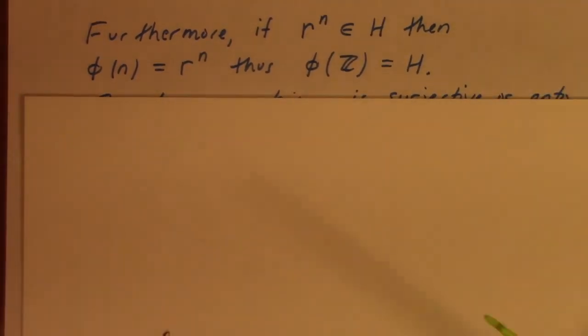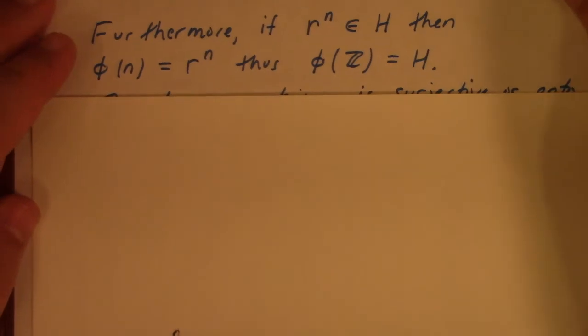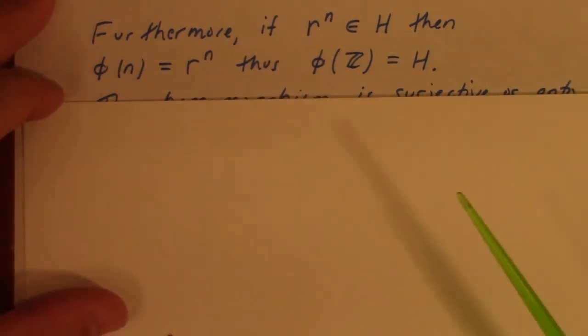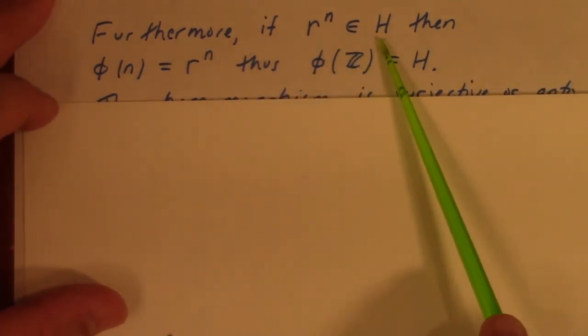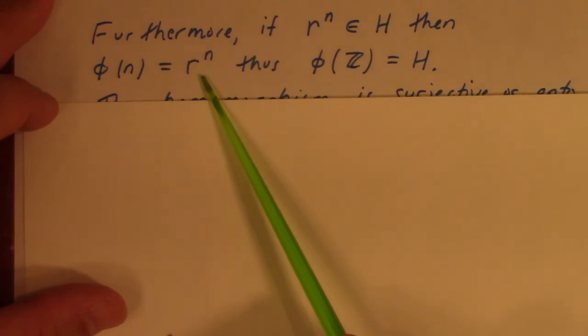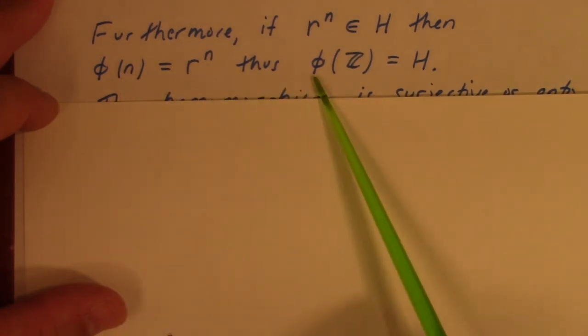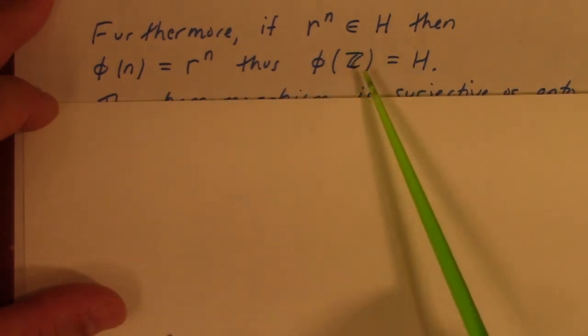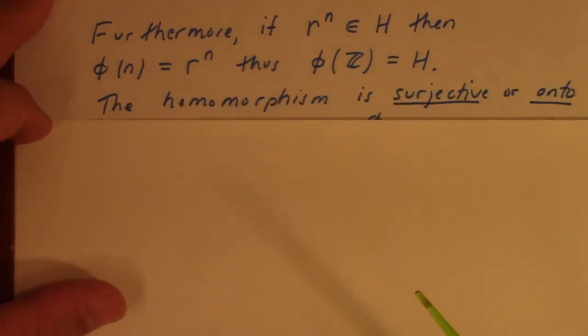We should also mention that for this homomorphism, pick a point in the codomain, right? r to the n is a typical point in H, right? Notice that phi of n is equal to r to the n. Therefore, phi of Z is H, right? So our homomorphism is surjective. It's onto, right?